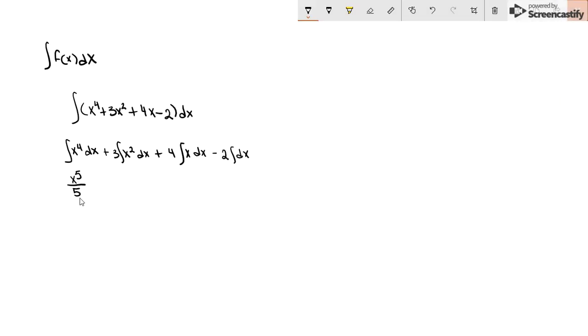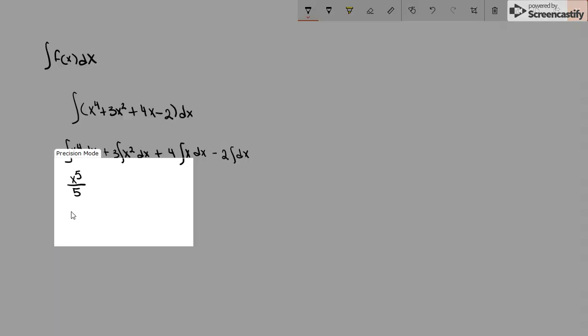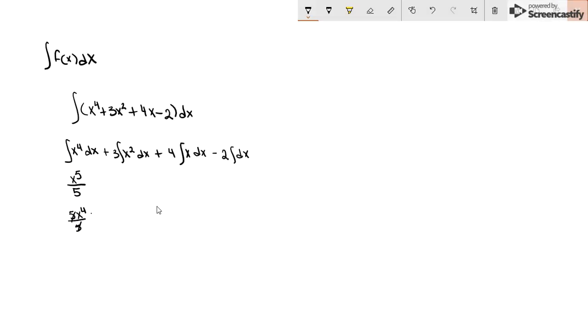And you're probably asking yourself, well, how does that make sense? Well, take the derivative of this. If you take the derivative of this, you should get x to the fourth, right? So 5x to the fourth. That on its own isn't x to the fourth. That's why you have that divide by 5. You divide, and you're left with x to the fourth, right? So always make sure you keep that fraction, all right?